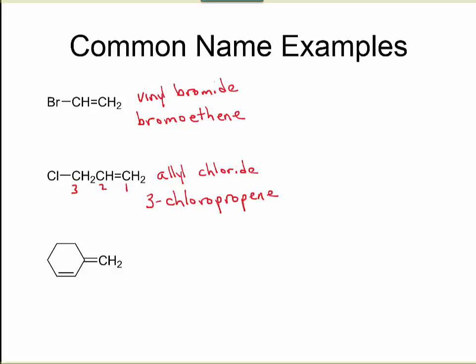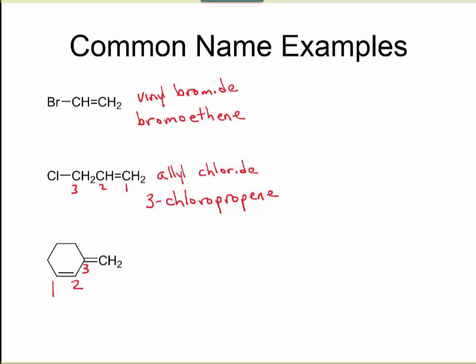It would also be acceptable to name this as 3-chloropropene. Again, we don't need a number for the alkene. There's no other place that the double bond could be in a propene. It has to be on carbon 1. For the last molecule on the screen, I do need a number across the double bond. I know that it starts at carbon 1, but would it be 1 on this carbon, or would it be 1 on this carbon? To answer that, I have to see how to give the lowest possible number to the methylene.